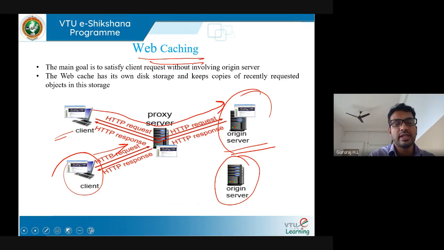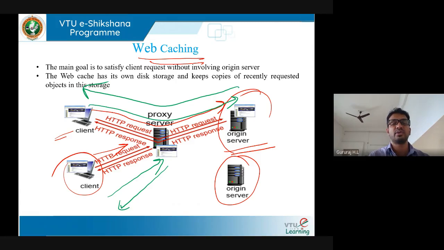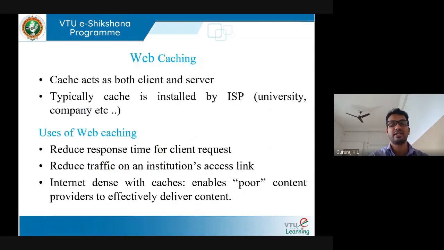Fetching the reply back from the server will also take a lot of time. Instead, sending the request to the local cache reduces the time, and getting the reply back also reduces the response time. That is one of the fundamental advantages of web caching.